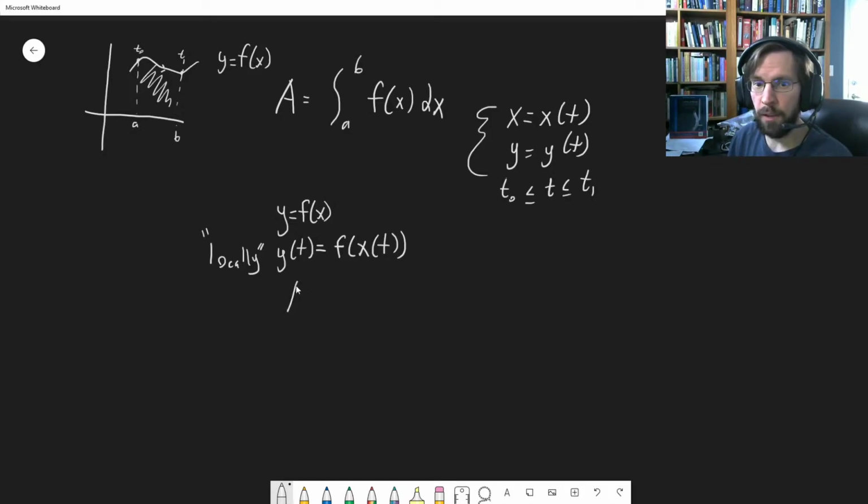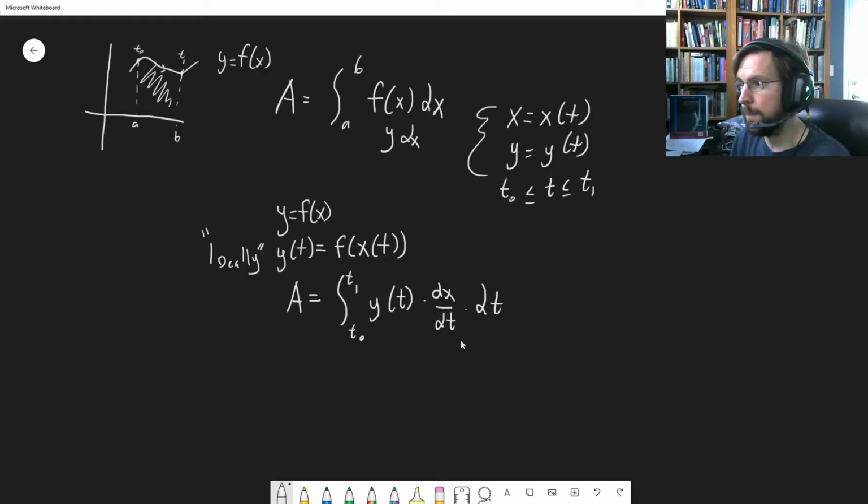So we can find the area of the curve in parametric form. We go from t equals t0 to t equals t1 of y dx, which is y of t times dx dt times dt. This is going to be the width of our boxes, and this is going to be the height.